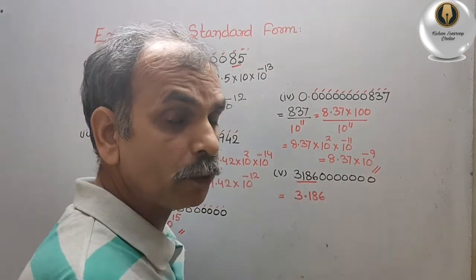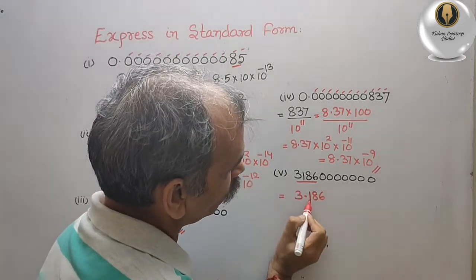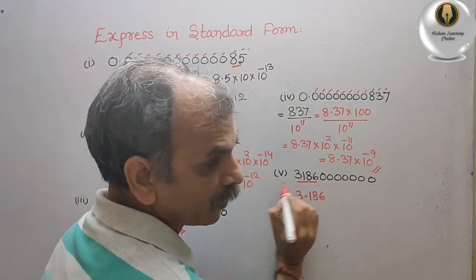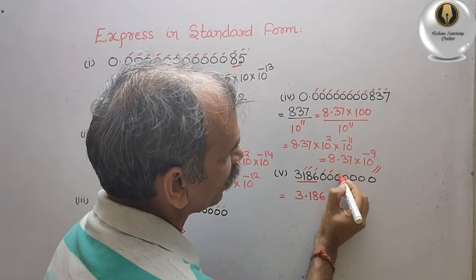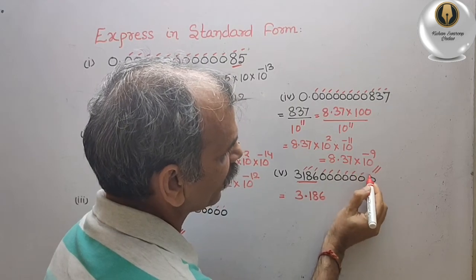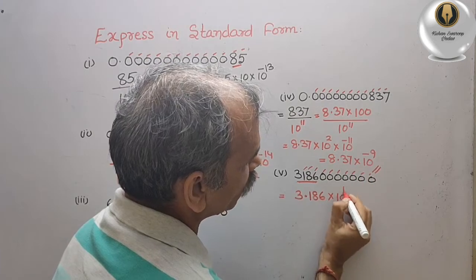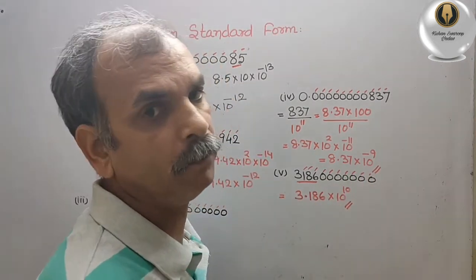Now we have to keep number of zeros now. So number of zeros will come from your 1 now. After decimal 1 is there, so from 1. So we will count this 1, 2, 3, 4, 5, 6, 7, 8, 9 and 10. So into 10 to the power of 10. So this is our value now. Standard form. Okay.